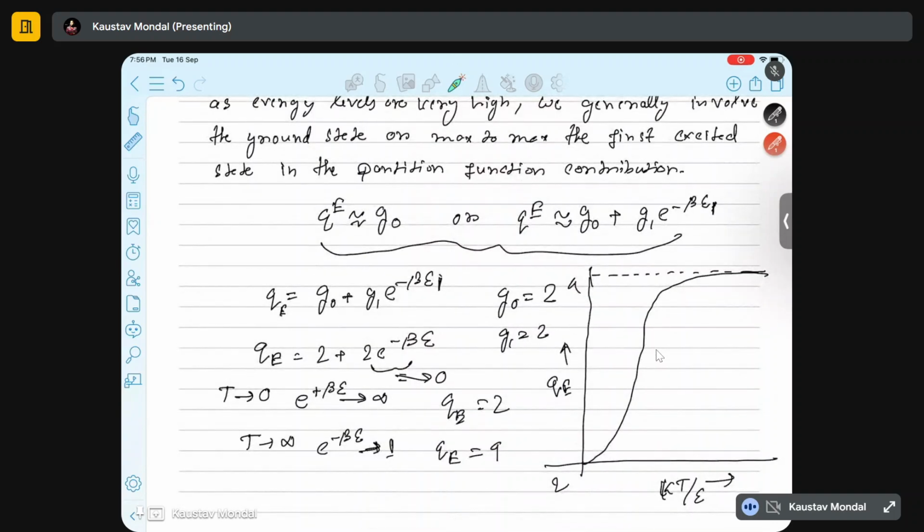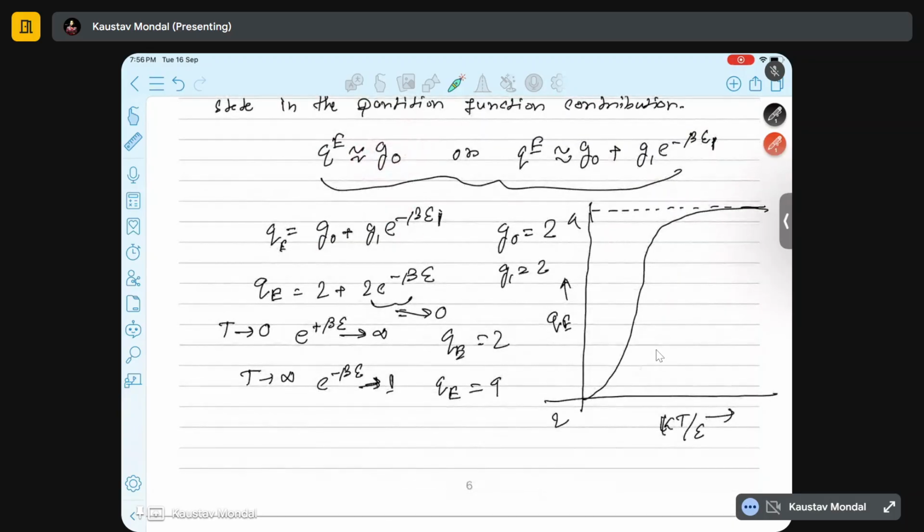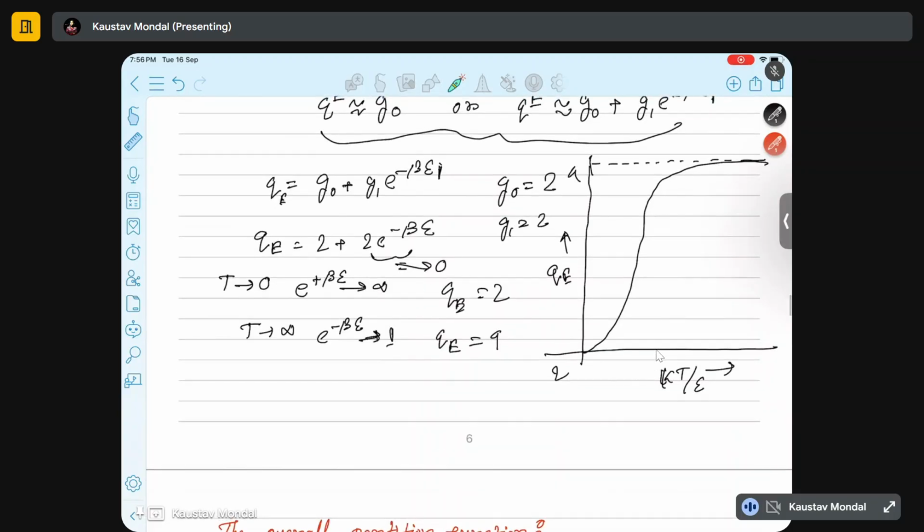The ground degeneracy is the only contribution that fits in the partition function from the electronic part. If you raise the temperature very high, maybe the first excited state comes into the picture. Otherwise, the ground state is the only state that contributes to the electronic partition function.